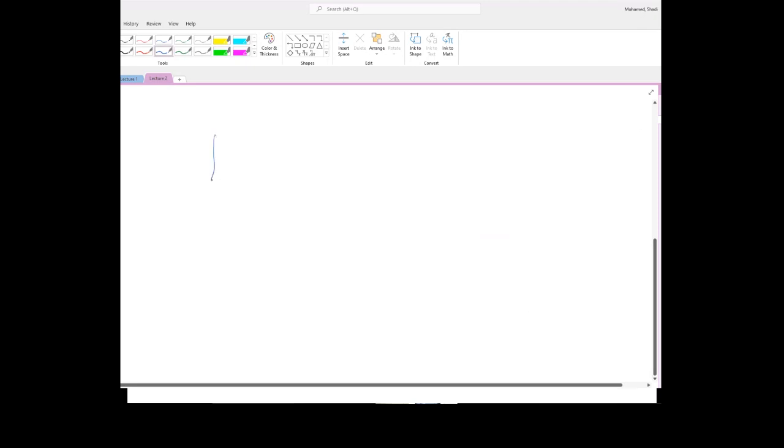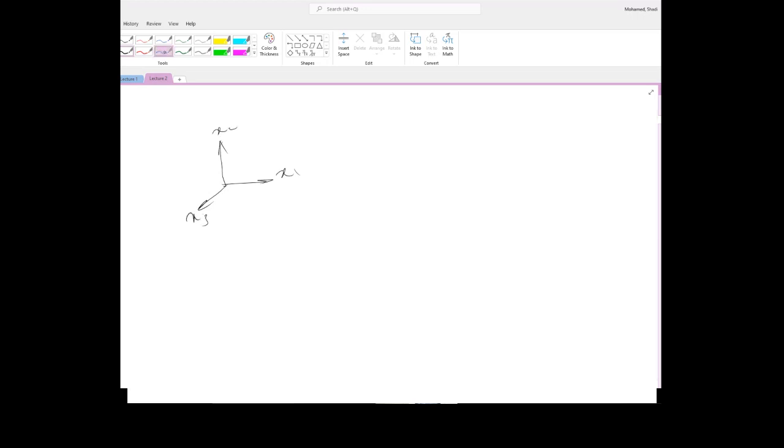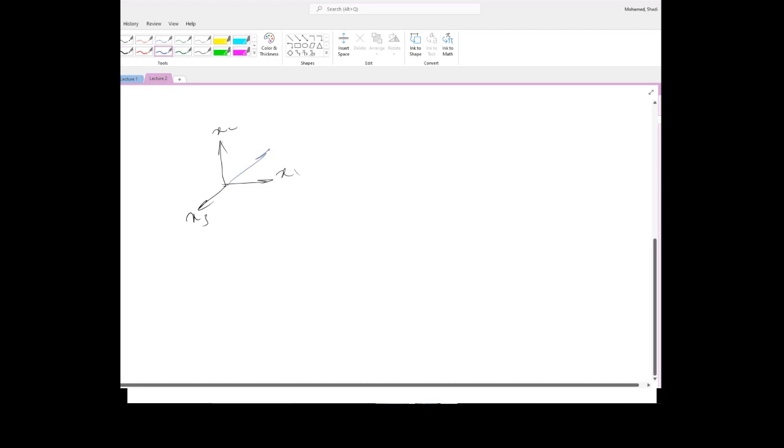So you have the old coordinate system, I use black, x1, x2, and x3, and you have a new coordinate system. Let us assume that this is x1 bar. Now, I'm just going to draw x1, not to complicate things.